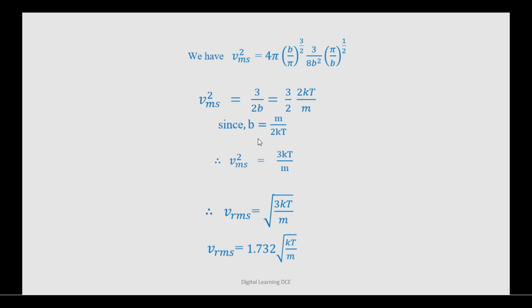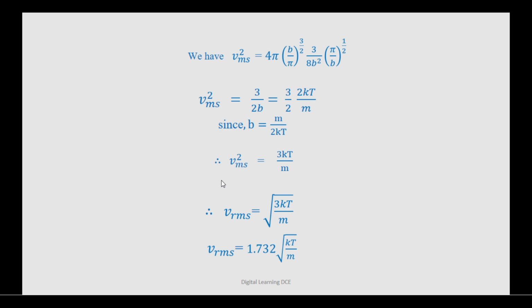On simplification, we get 3 divided by 2b. On substituting the value of b, that is b equal to m divided by 2kT, finally we get 3kT by m. This equation represents only the mean of squares of velocities of all the gas molecules.